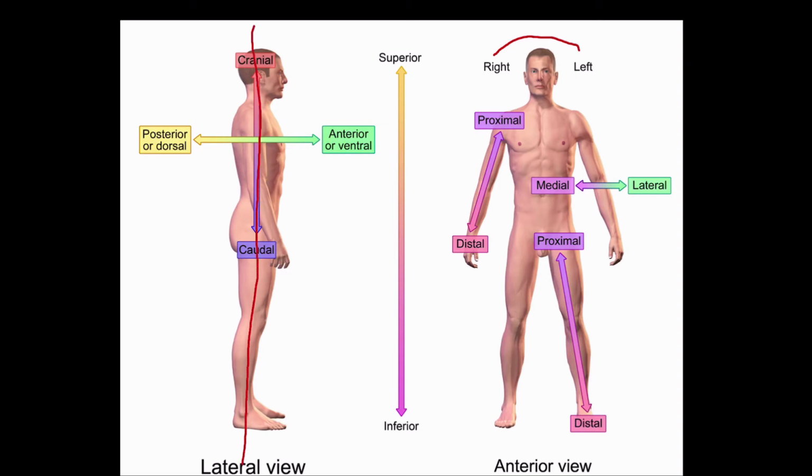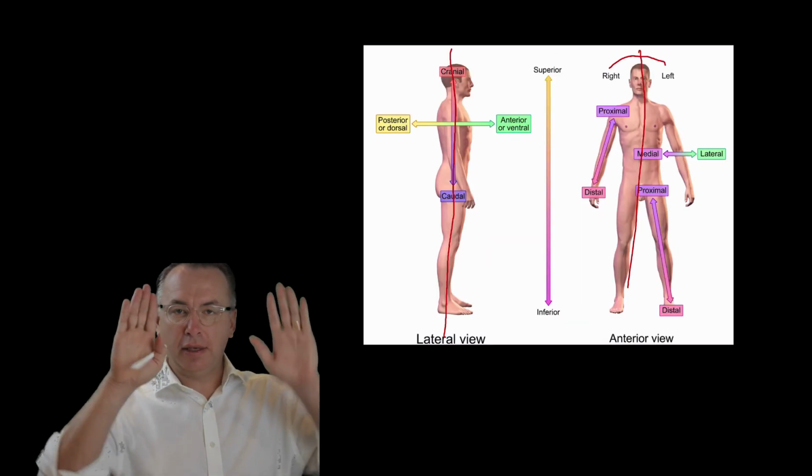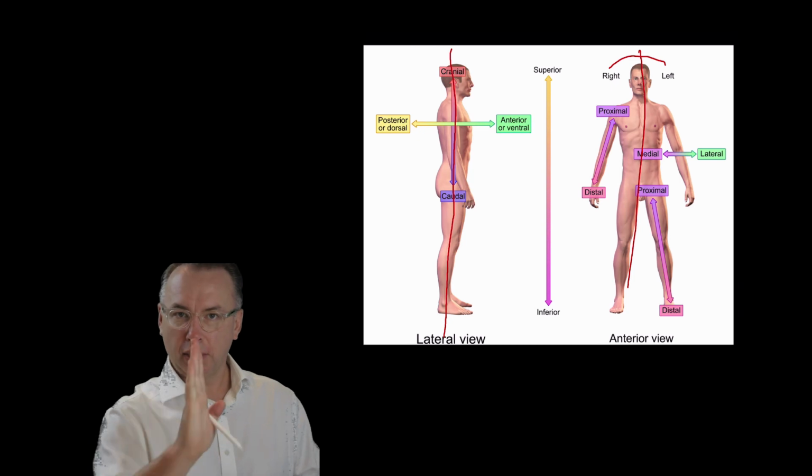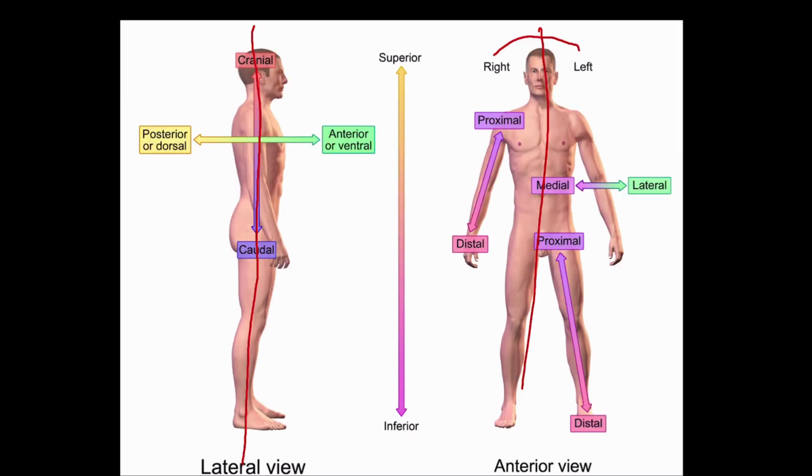Coronal plane. If we talk about a sagittal plane, the dissection is a vertical line passing through the body anteroposteriorly. So coronal plane is from side to side, and the sagittal plane is through the midline anteroposteriorly.